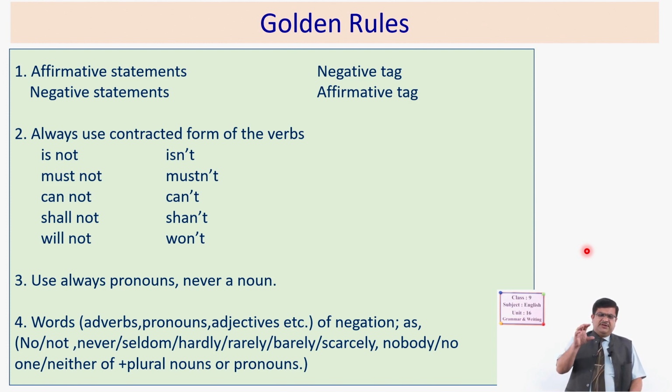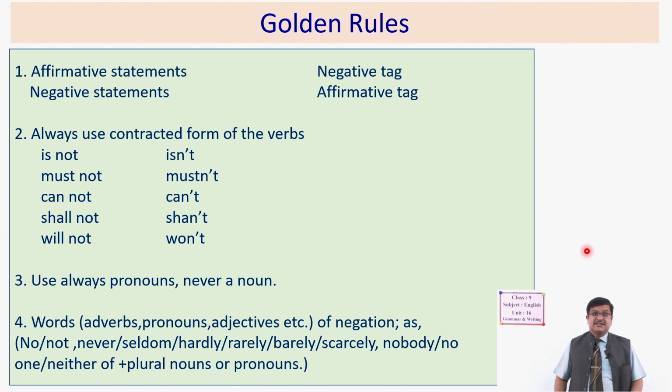Here are some of the adjectives, some of the pronouns, some of the adverbs. If they appear in a statement, they are known as negative words. So if they are used in the statement, our tag must be affirmative.